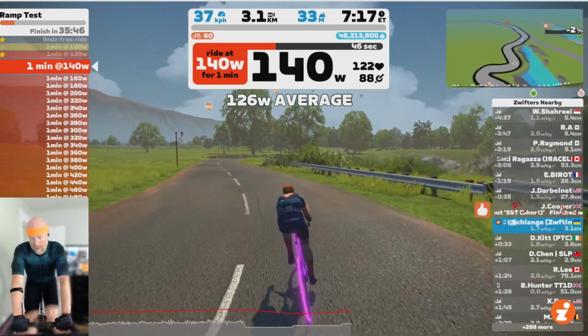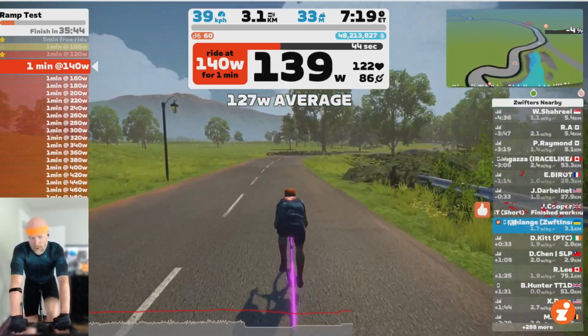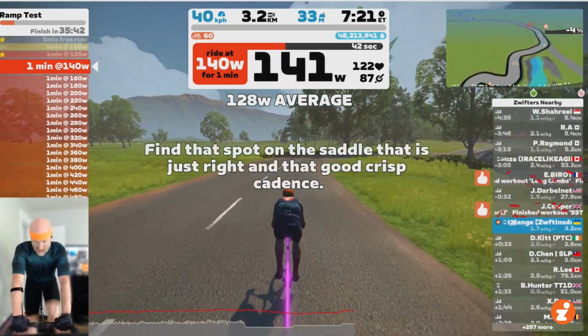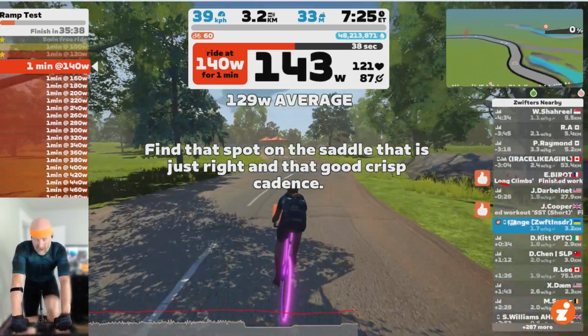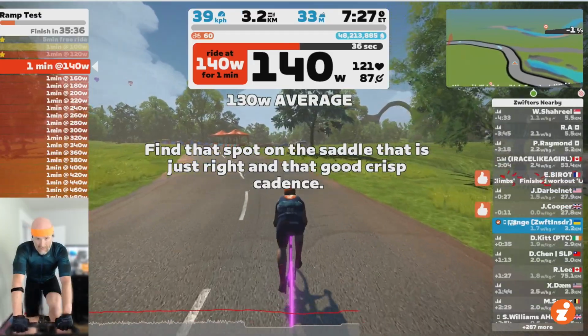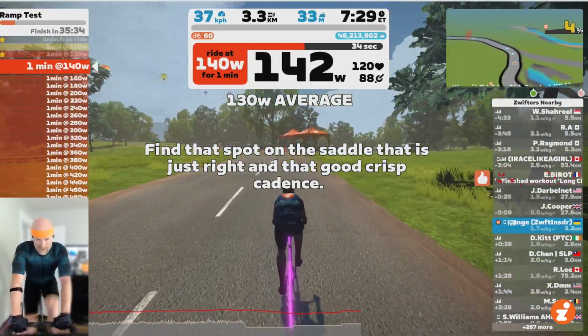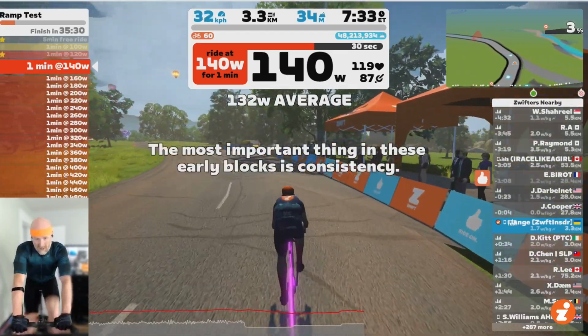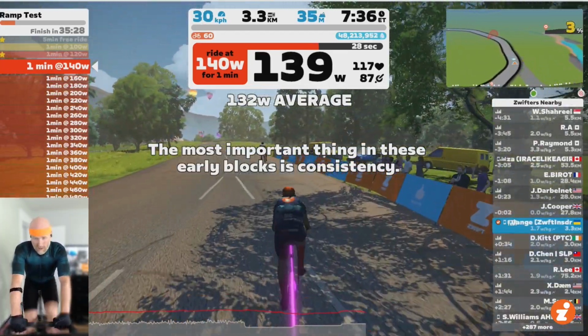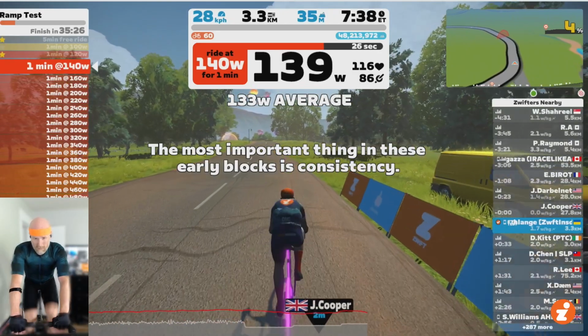One note about this ramp test is if you're a lighter rider, or just a beginning cyclist who isn't super fit yet, you might want to do the ramp test light, which starts at lower power and I think ratchets up in smaller increments, if I remember right.